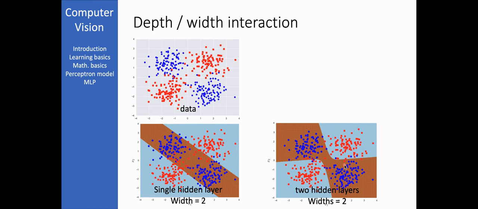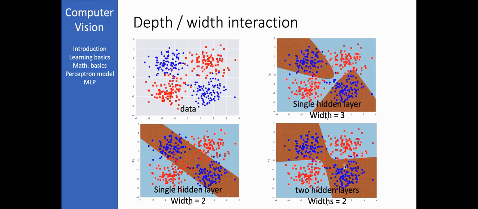So what happens, for example, if we use another width? Let's assume that we use a single hidden layer, but with width equal to 3. And we see that this also creates a nonlinear decision boundary, much more complicated than the one where we use width equal to 2. It's also very different from the one given here.